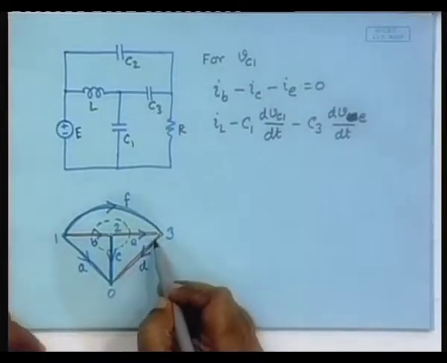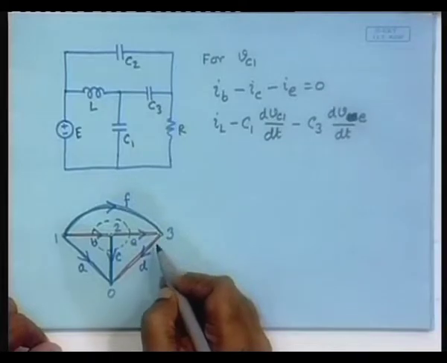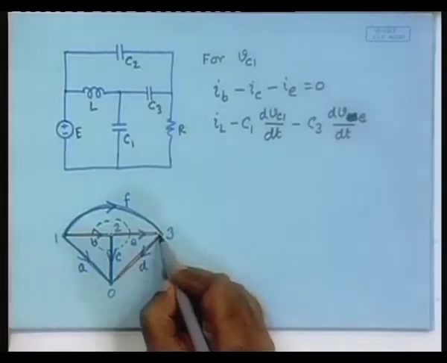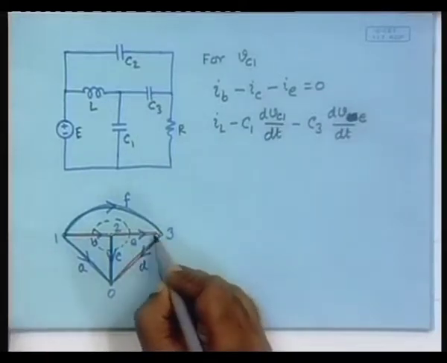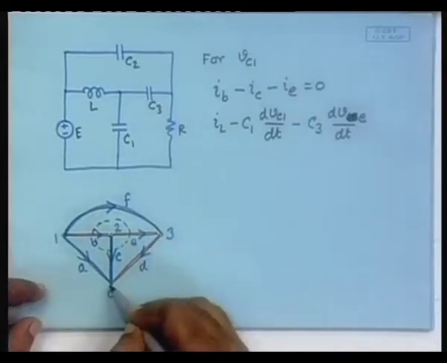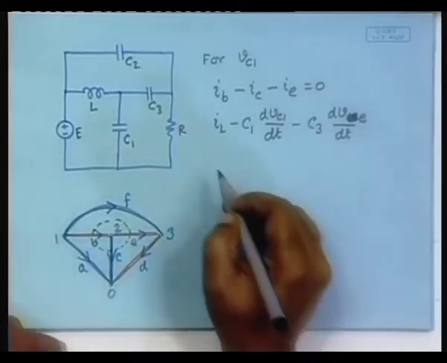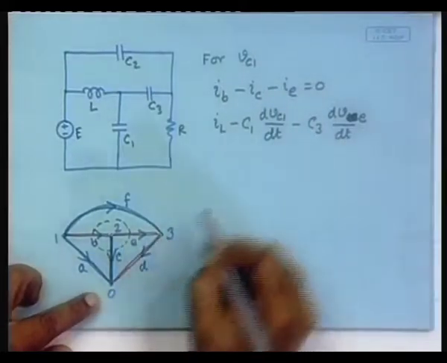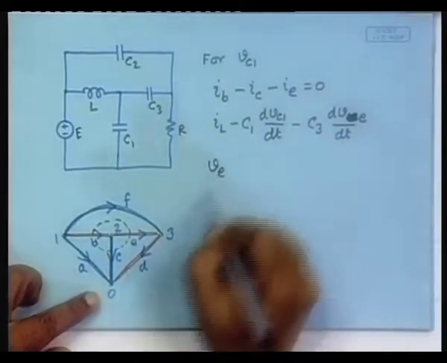VE will be obtained from loops. So, VE will be obtained from the basic loop containing this branch. Where is the basic loop containing this particular branch? 0, 2, 3, 1, 0. Good. So, we need to obtain VE. So, let us start from here.